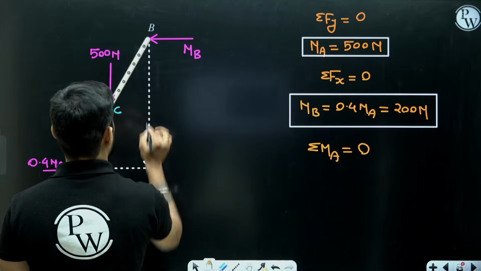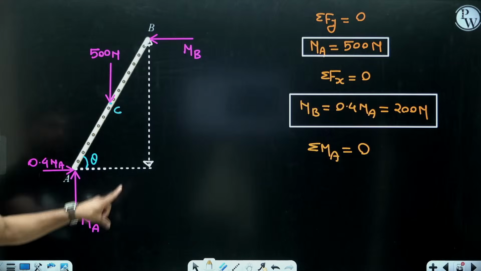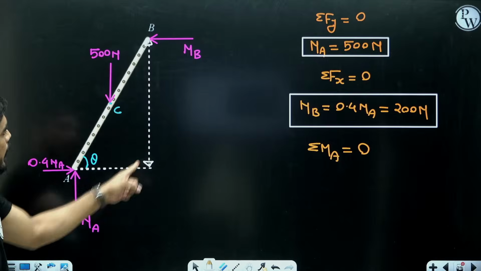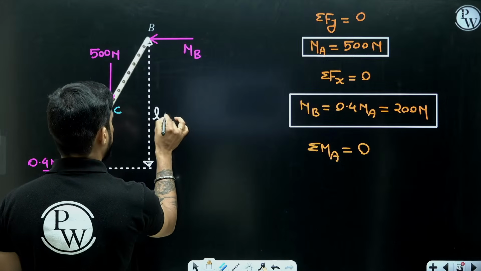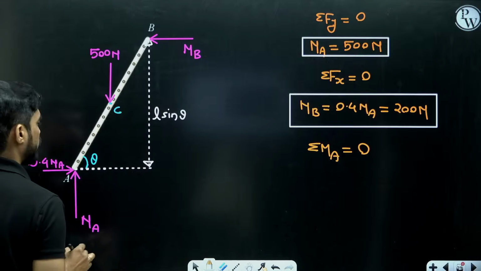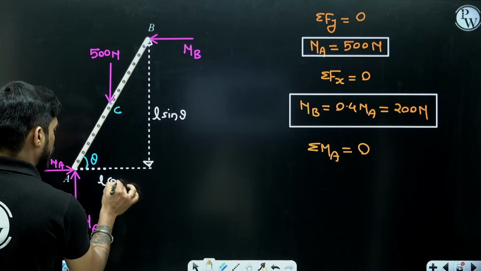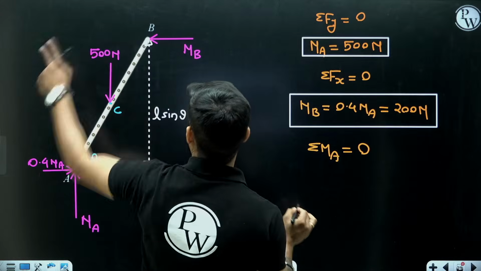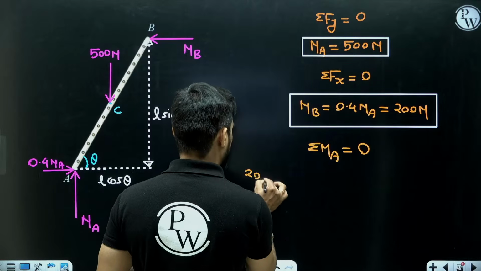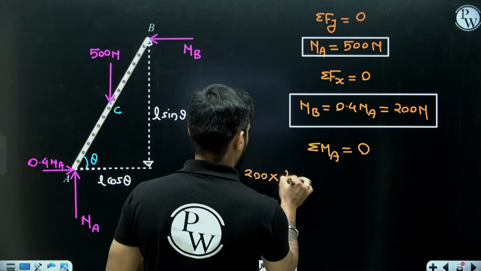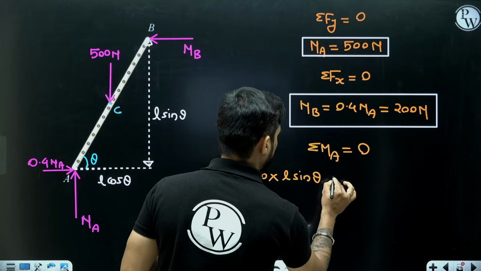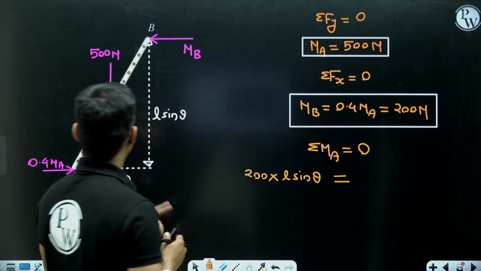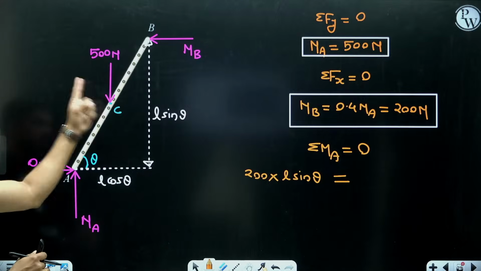This distance will be equal to the length of the ladder L sin theta. So this is L cos theta. Okay. So moment of NB will be equal to 200 Newton into L sin theta. Okay. And this will be anti-clockwise, equal to moment of 500 Newton, which is clockwise.